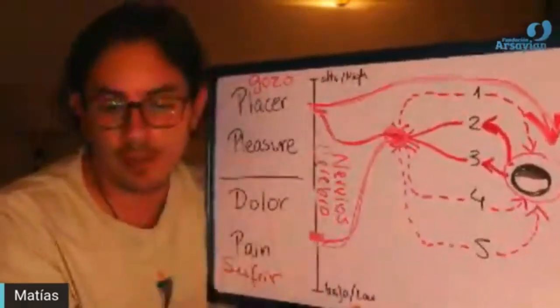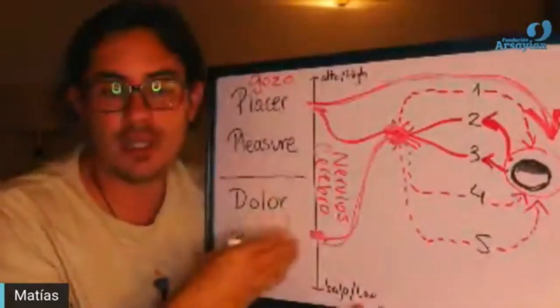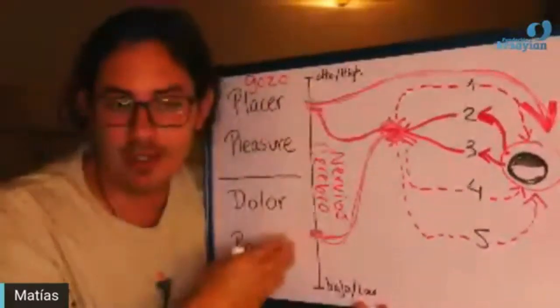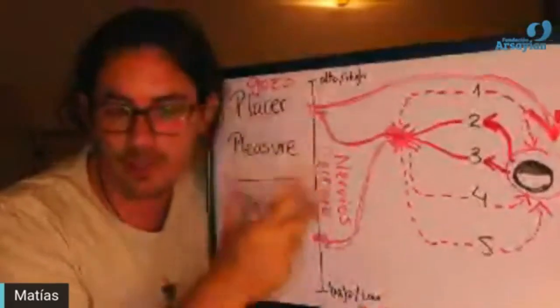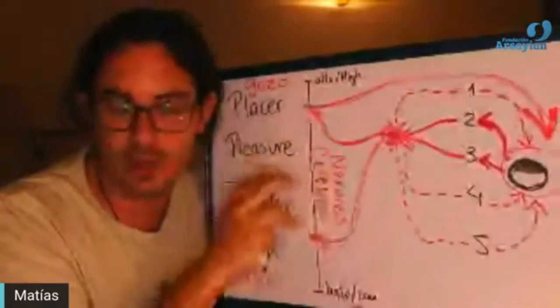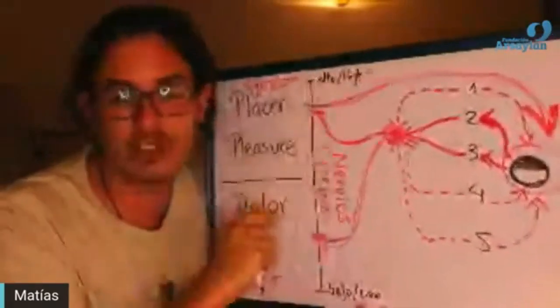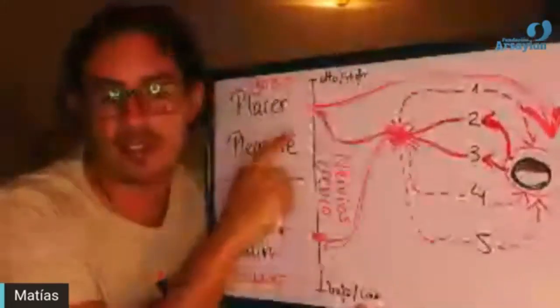So, for example, there are people that cannot measure, or don't have a preconcept of the fire, or have something wrong with the interpretation of pleasure. So they cannot tell one from another.